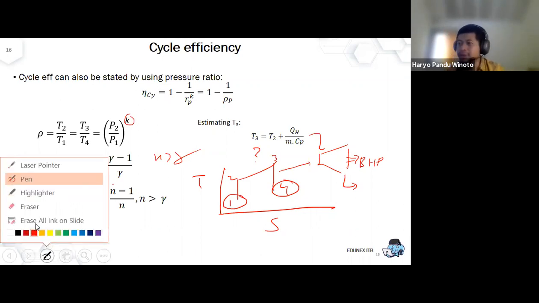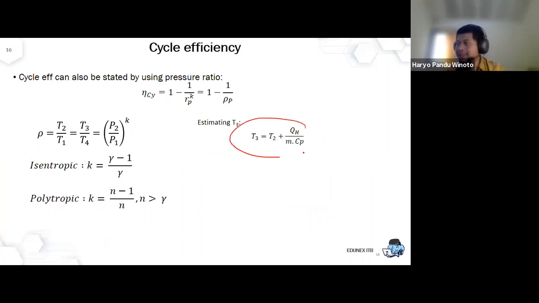You can use this approach. I want you to record this: T3 equals T2 plus QH over M CP, where M here is M_a and CP is for air, the working fluid.